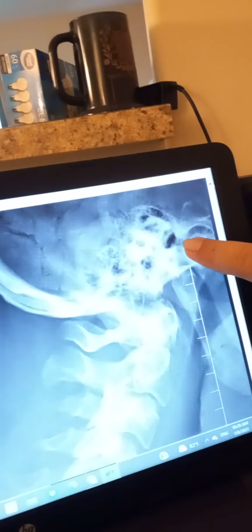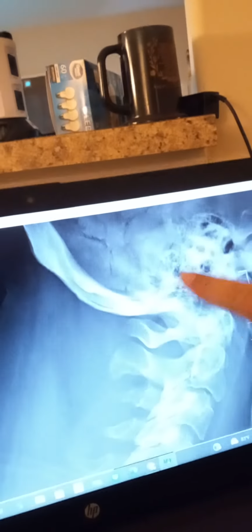So my atlas looks a little awkward too, right? And then there's a big old hole here. I don't know what that is. Just little anomalies, if you will, on my X-rays.